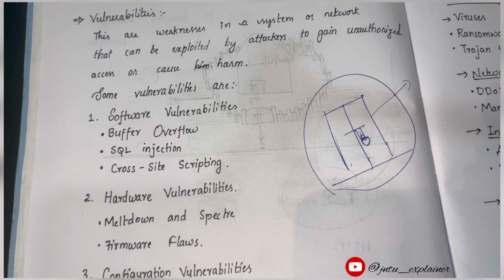And the second vulnerability type is hardware vulnerability. In hardware vulnerability there are two types: Meltdown and Spectre, and the second one is firmware flaws. Let's understand them. Meltdown and Spectre are examples of vulnerabilities that exploit weaknesses in modern CPUs to leak sensitive data.